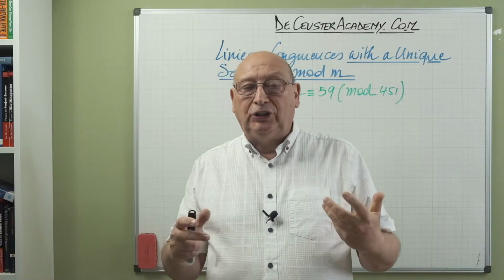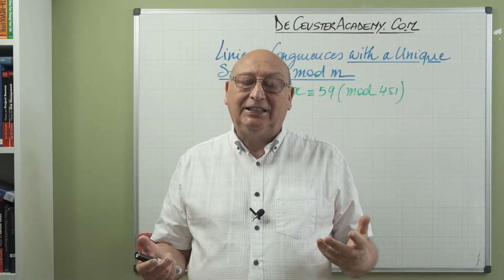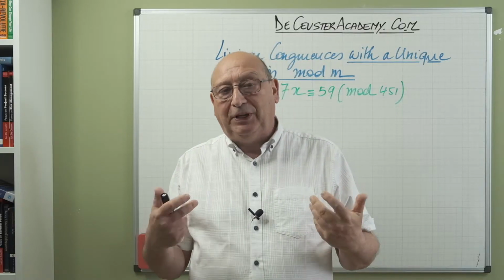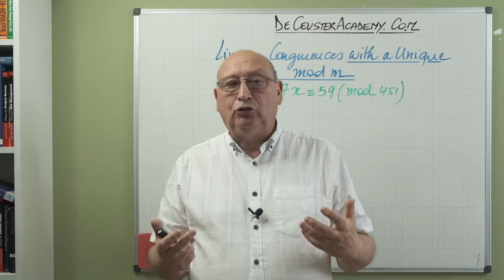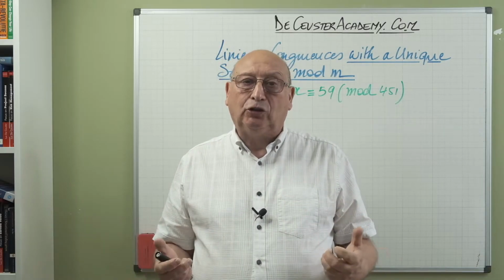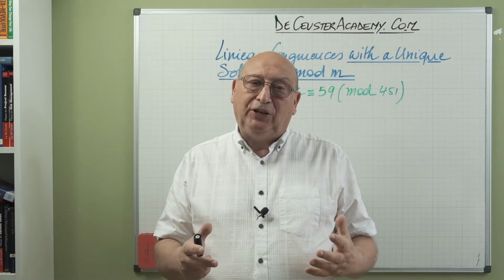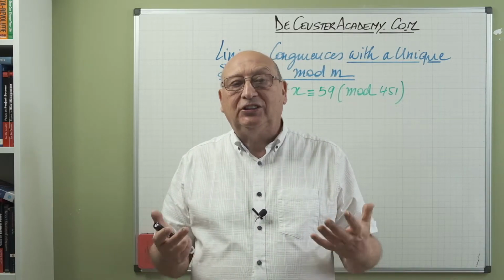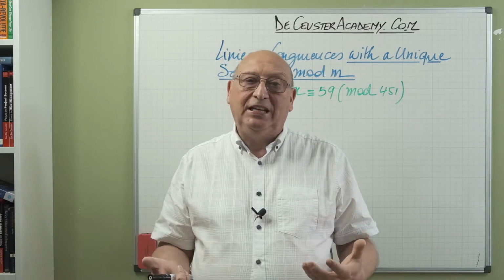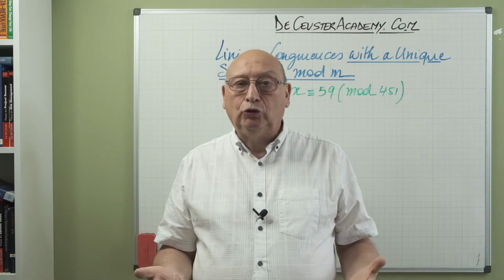Let's go to resolving linear congruences. We've seen in previous videos how we can deal with it, what the strategies to follow are, and we looked at different solutions. In this specific video, we will be looking into linear congruences that have one unique solution, modulus n.